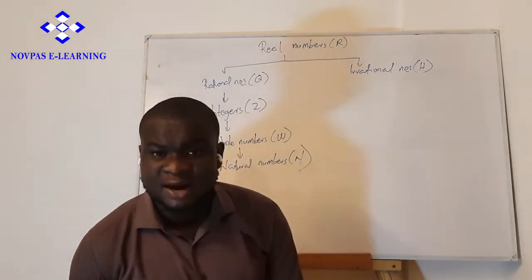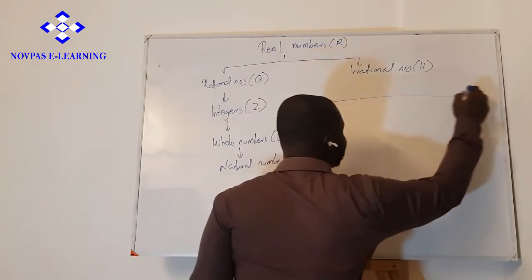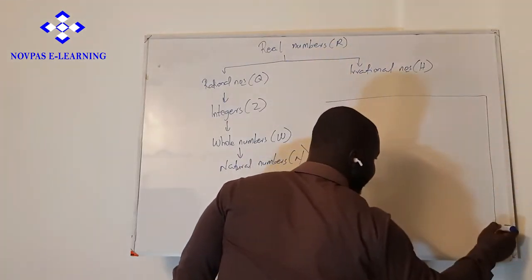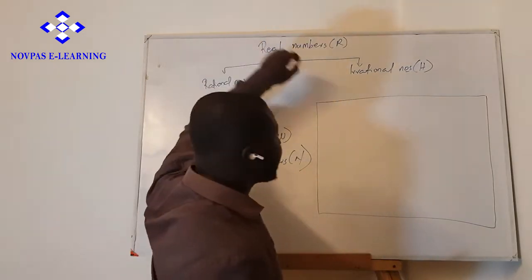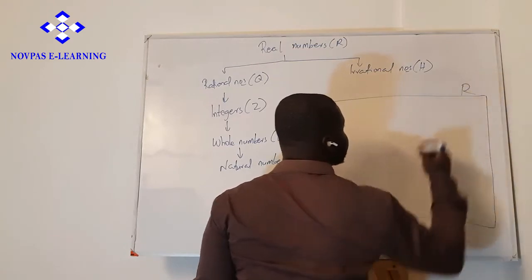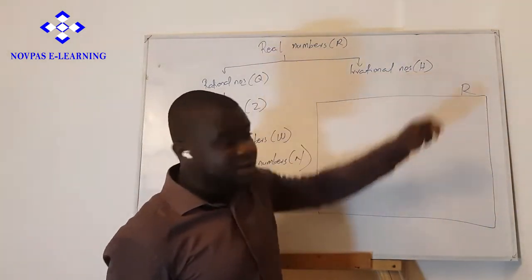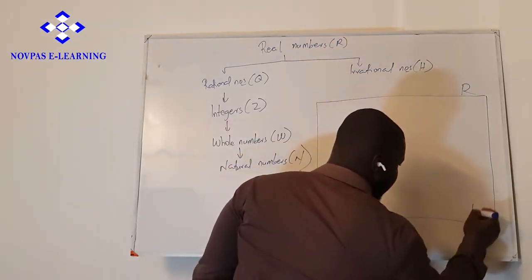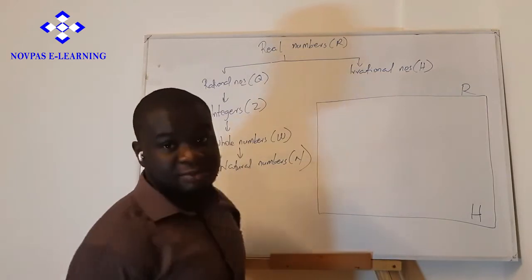Good. Let's use a Venn diagram so you understand it better. If we were to use a Venn diagram, real numbers will be the universal set, okay? This will be real numbers, and then this H here, which is the irrational numbers, would be here, because it can't be found in rational numbers, right?